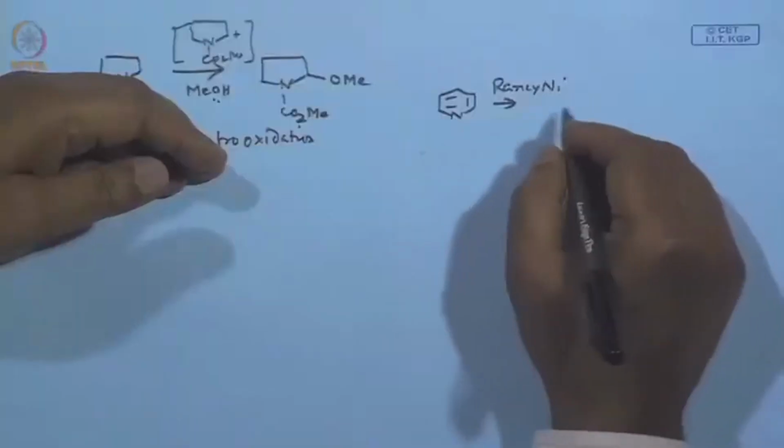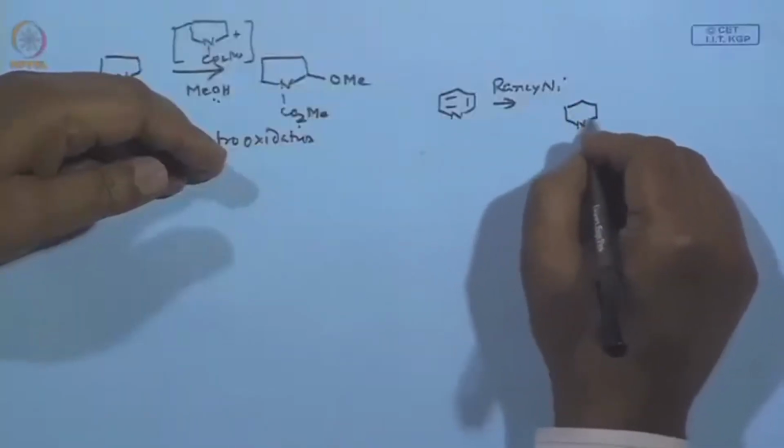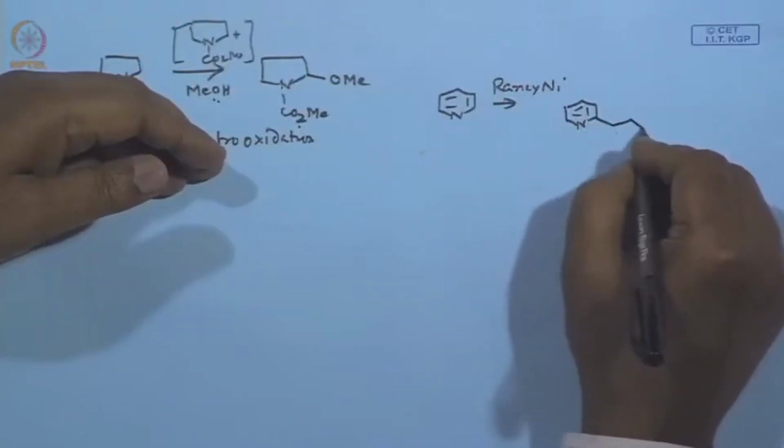Palladium alone is an oxidizing agent. Palladium in combination with hydrogen is a reducing agent. So, you have to be a little careful. So, actually this is the way, and this can be dehydrogenated.